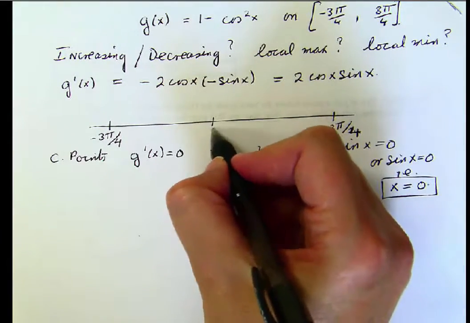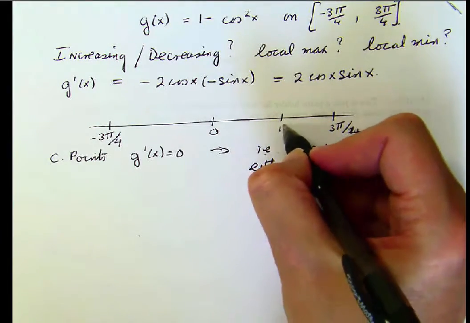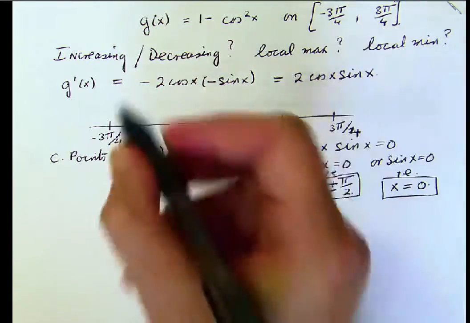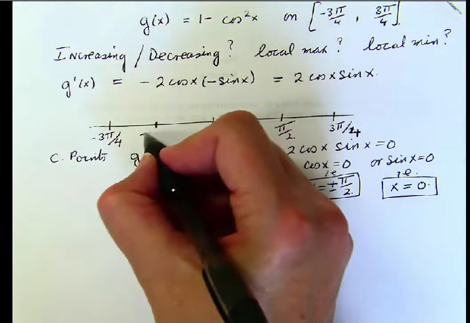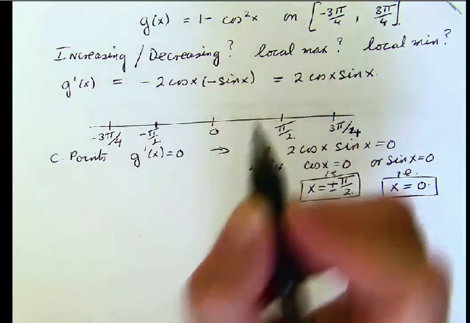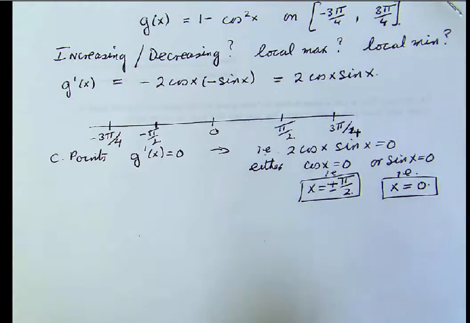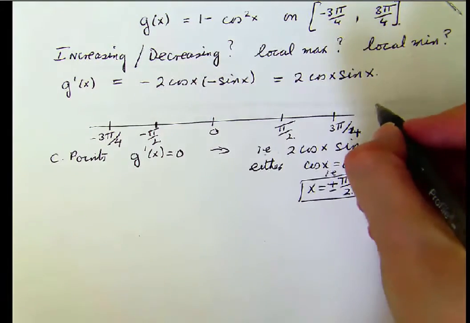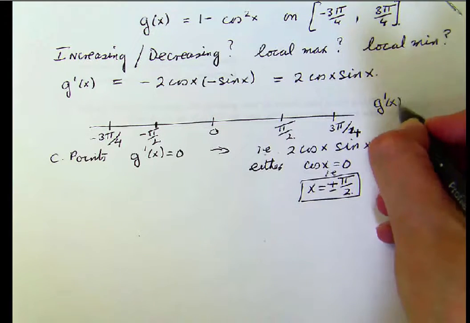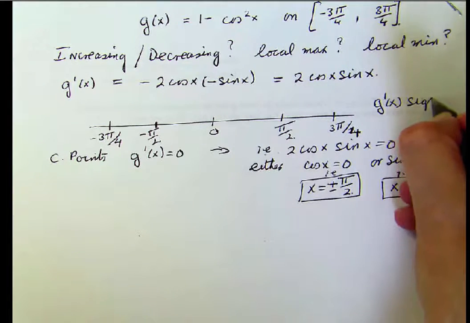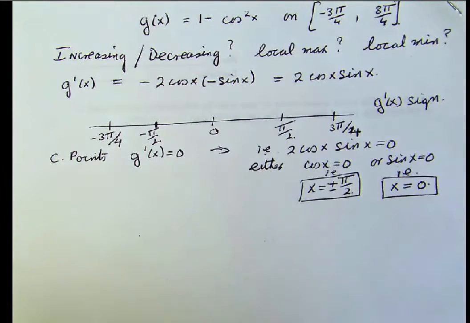And we would like to classify them to see if they are local maxima or local minima, and we would also like to find the intervals where the function is increasing or decreasing. And we do this by checking the sign of g prime of x on these intervals.